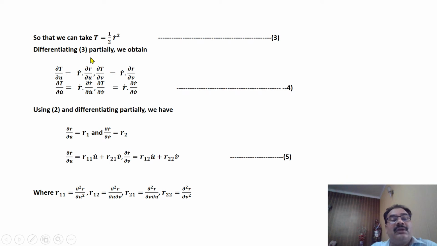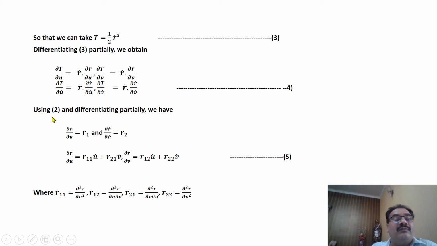Differentiating equation 3 partially, we obtain ∂T/∂u = ṙ · ∂ṙ/∂u and ∂T/∂v = ṙ · ∂ṙ/∂v. Now ∂T/∂u̇ = ṙ · ∂ṙ/∂u̇ and ∂T/∂v̇ = ṙ · ∂ṙ/∂v̇.